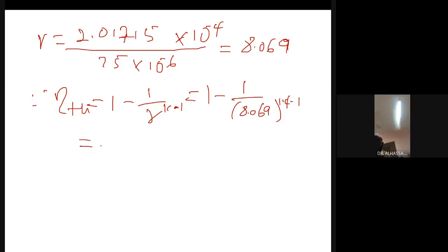So this equals 0.566, which is equal to 56.6%. That's the efficiency of the cycle.